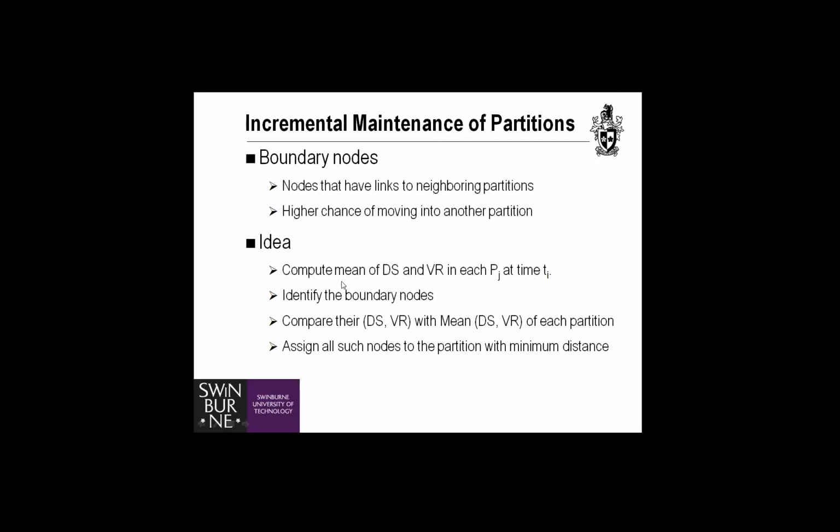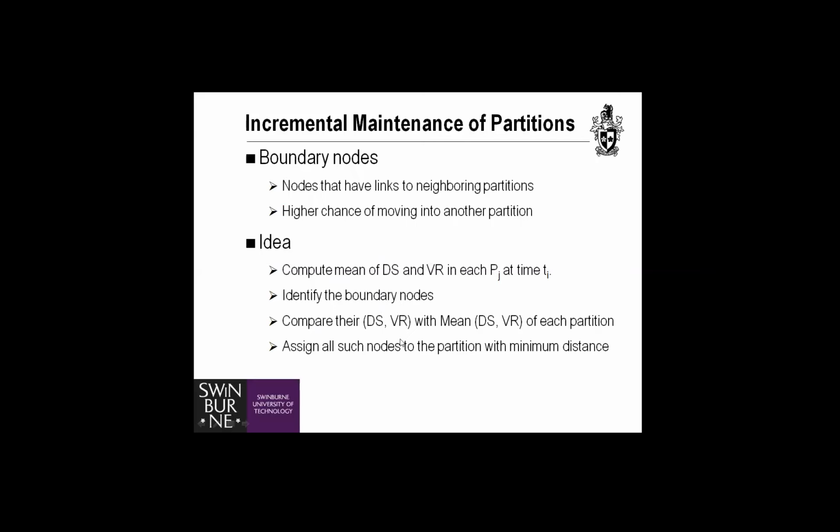Our idea is to compute the mean degree of saturation of each partition and the volume ratio of each partition at the new time point ti. Identify all the boundary nodes and compare the degree of saturation and volume ratio of each boundary node with that of the mean of each partition.